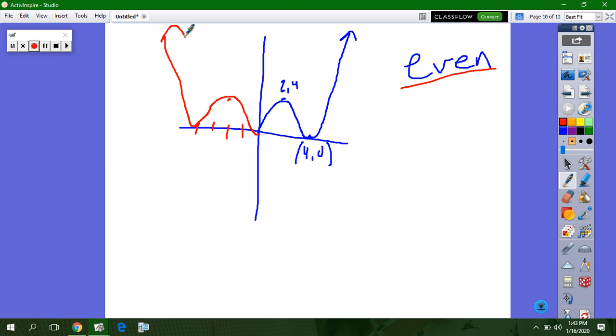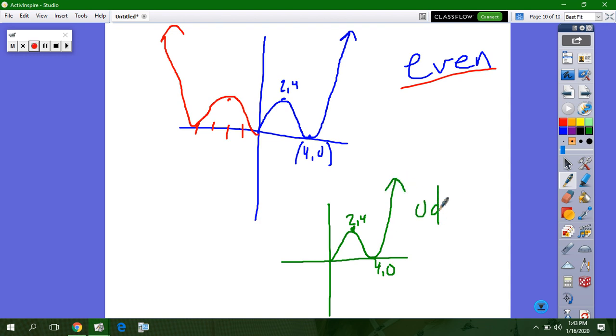Okay, let's do the same thing, but this time with an odd graph. It's a lot harder up here.